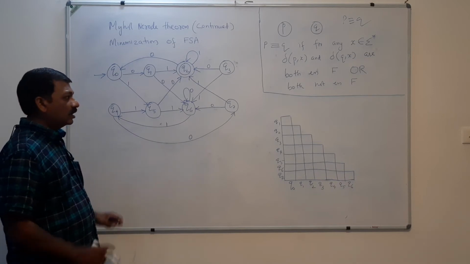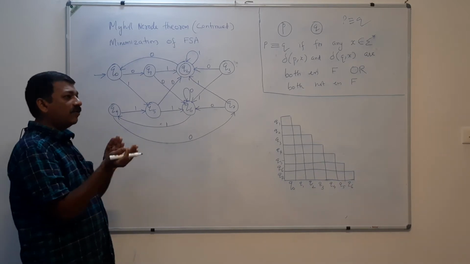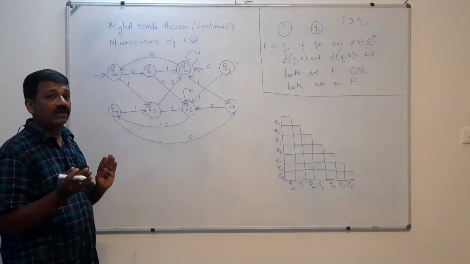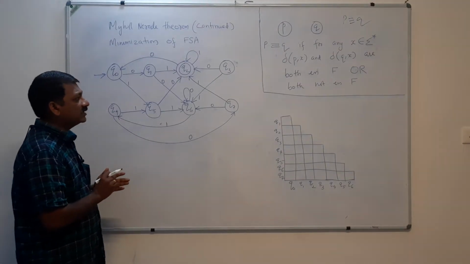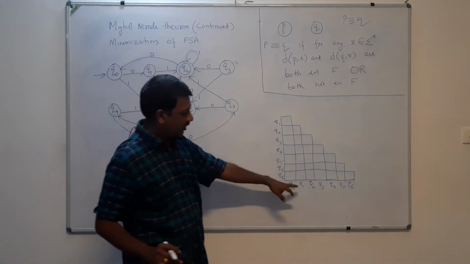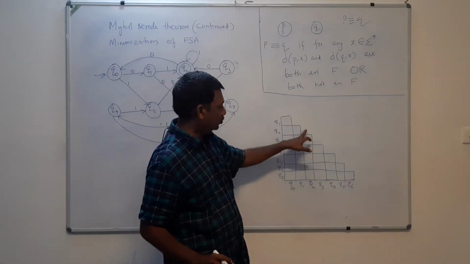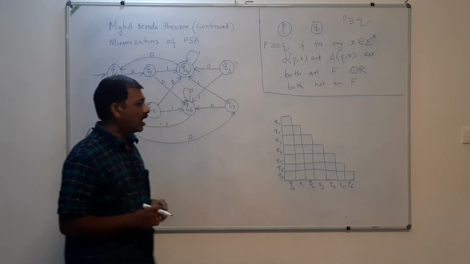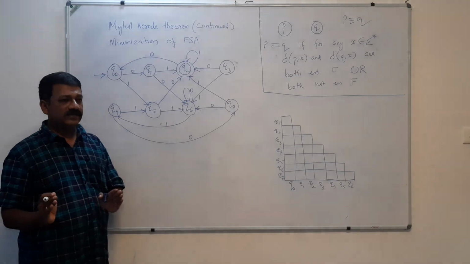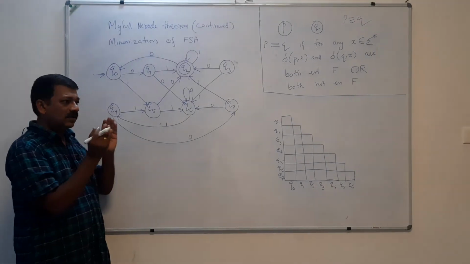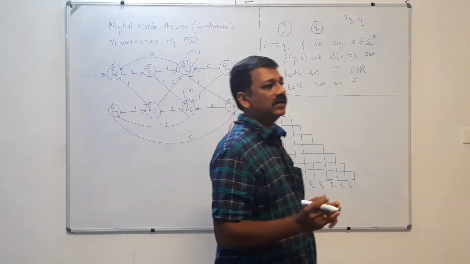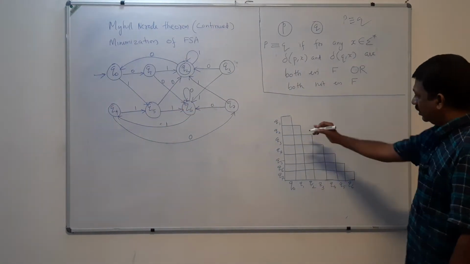If you have a pair of a final state and a non-final state, you have to put a cross mark there.